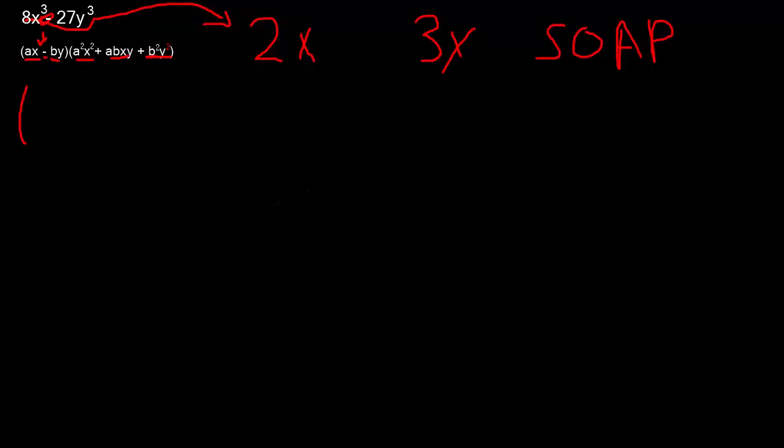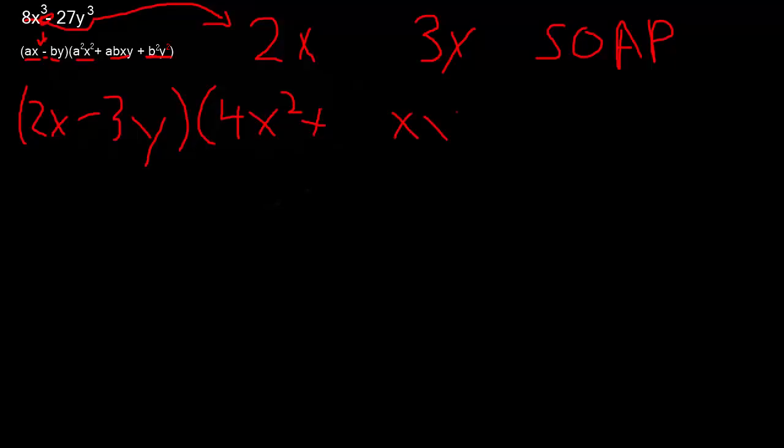Start by writing the end product. So 2x, and it's real easy. Once you've got it down, all you have to do is plug it in there. 2x, if you're going to square that, square both of them, make sure you do that. 4x squared, and you add abxy, so we did xy, so I'll write that here.